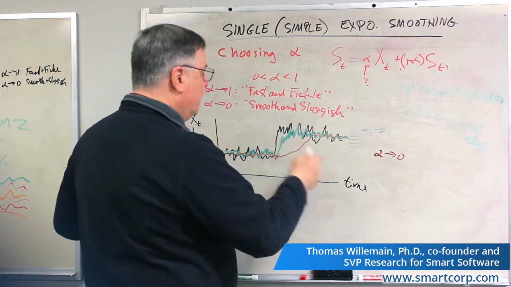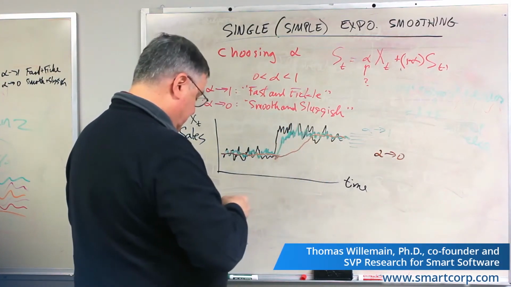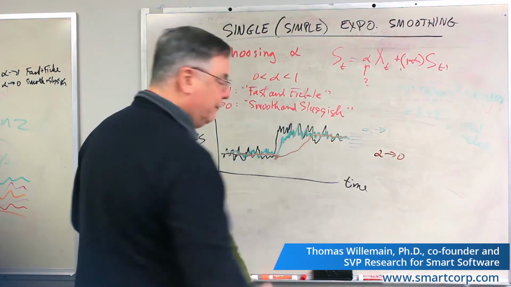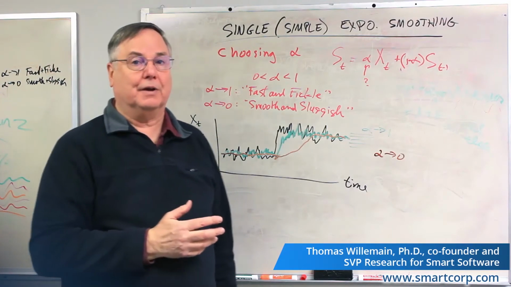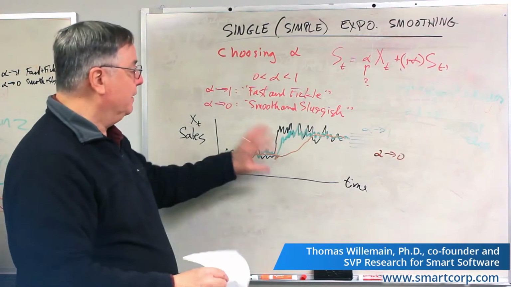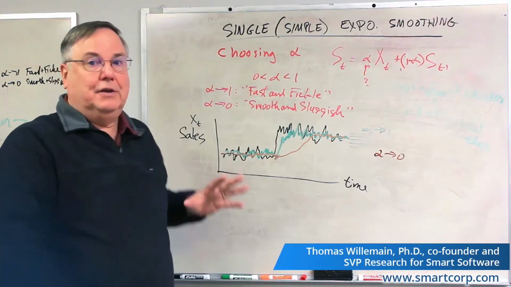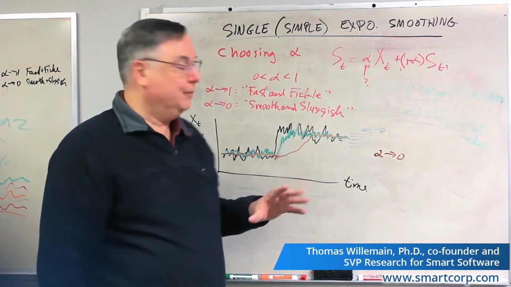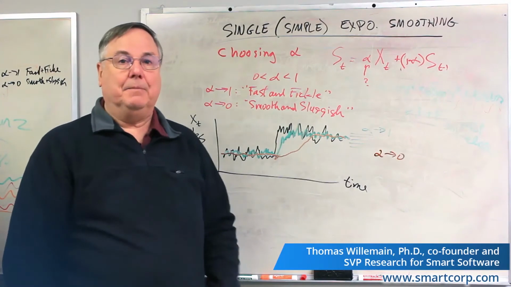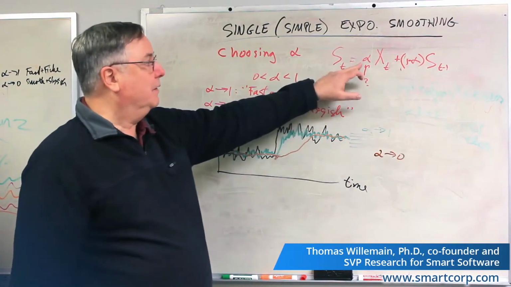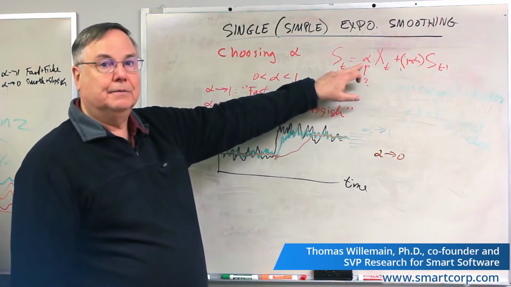And somewhere in between is going to be the right level for every particular SKU or item that you're forecasting. But that's the trade-off. If you think you're in a very volatile world where these kinds of massive shifts can happen all the time, you want to have high values of this alpha.